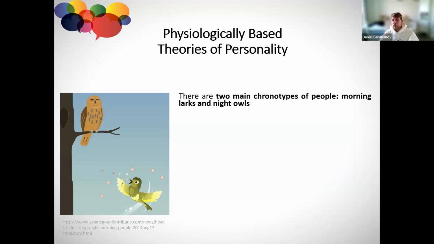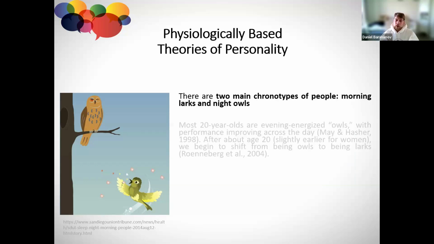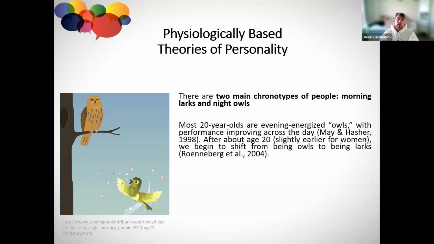Night owls, on the opposite, don't like to wake up early, they like to wake up later, and they start to feel a burst of energy in the second half of the day, in the evening or even night. They're more active, and because of that, they go to sleep later because they have more energy and they're more productive in the evenings. And this difference is also connected with our age.